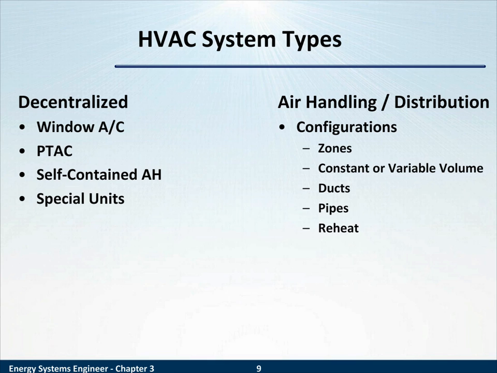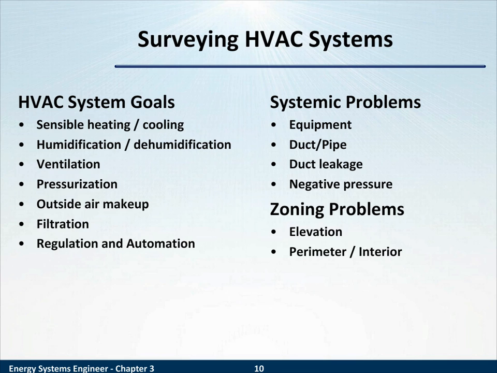This centralized system of air handling and distribution will provide a complexity in configuration of zones, the constant versus variable volume. You have ducts and 2, 3, 4 pipe systems to consider. And in some cases you may condition the air to reduce humidity, but then need to reheat it because removing humidity cooled the air too much.